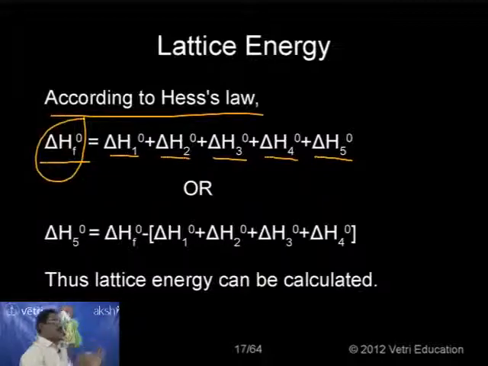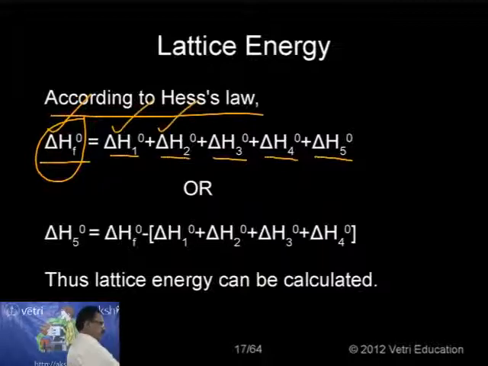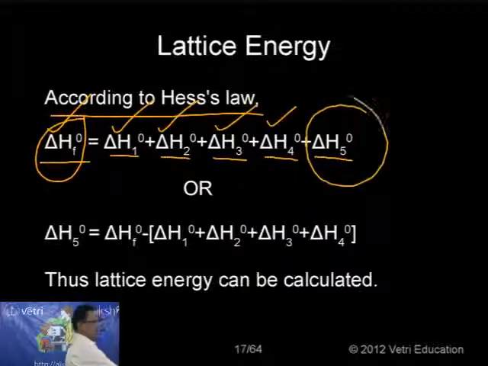So here, what are the terms we can determine experimentally? Delta H1 we can measure, delta H2 we can measure, delta H3 we can measure, delta H4 we can measure experimentally. Only delta H5, that is lattice energy, we cannot measure.